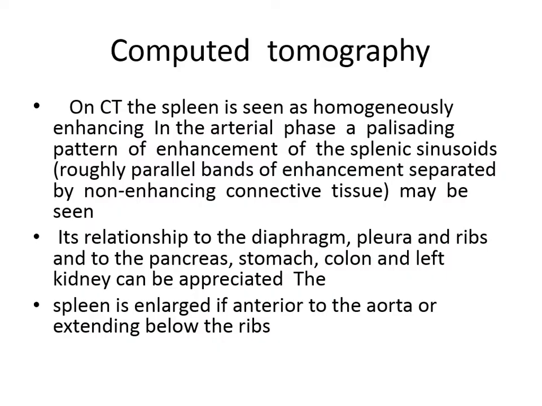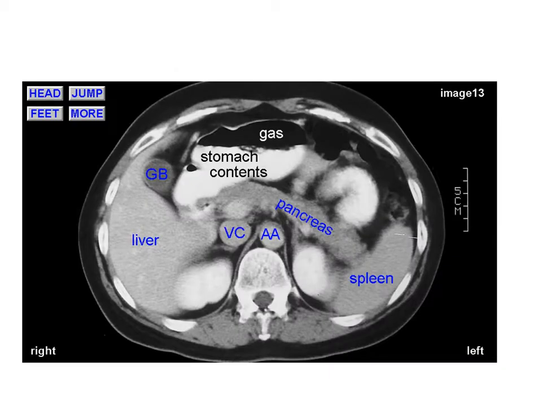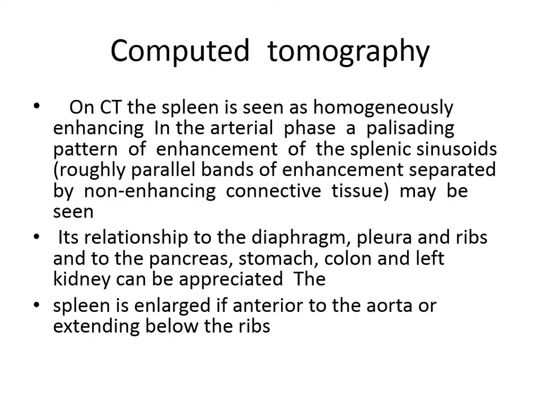So when you see this homogeneous spleen, this is venous, while if you see a branching, palisading pattern, it is arterial. Palisading means parallel bands of enhancement arches separated by non-enhancing connective tissue.